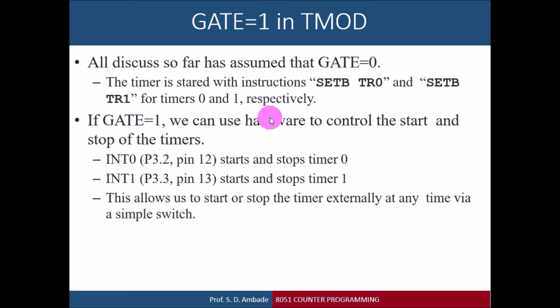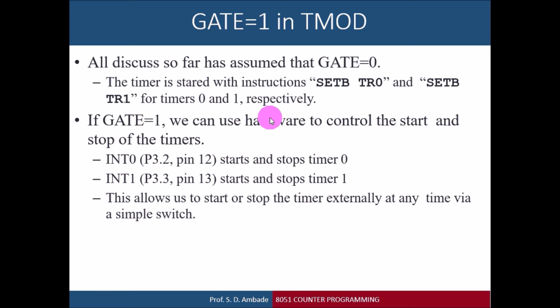INT0, which is pin number 12, and INT1, which is pin number 13, will be used to start and stop timer 0 and timer 1. This allows us to start or stop the timer externally at any time via a simple switch.